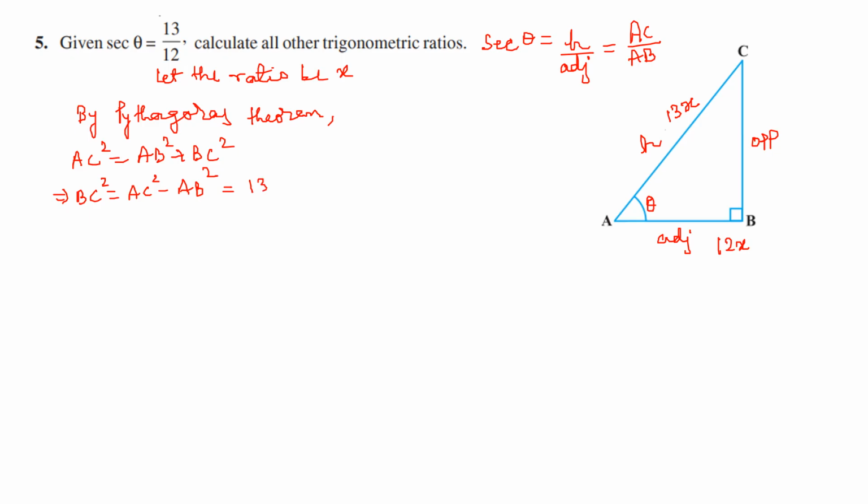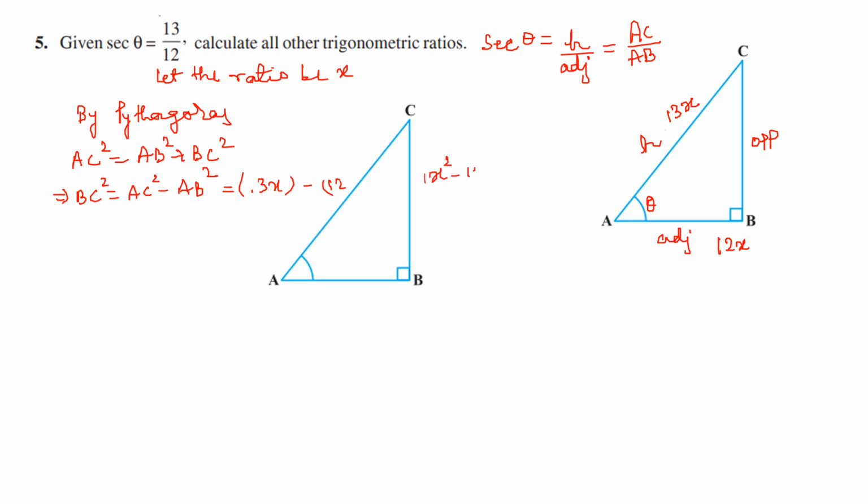AC square is 13x whole square minus 12x whole square. Now 13x whole square is 169x square minus 144x square, which will give me 25x square. So BC square is 25x square. So BC will be root of 25x square, which is 5x. Okay, so the measure of BC is 5x.